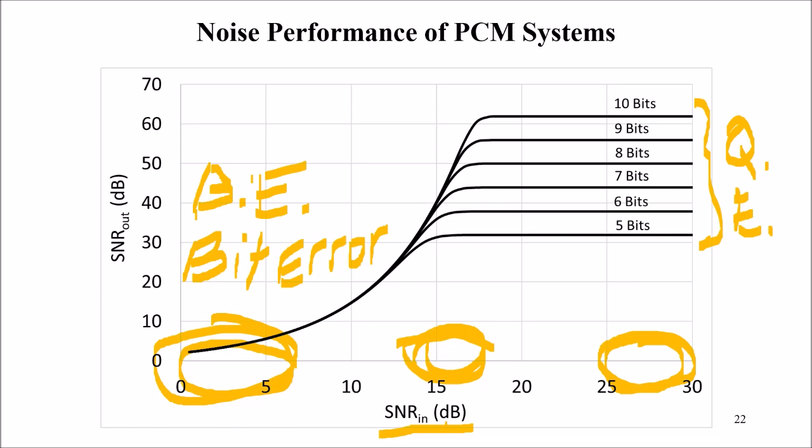And depending upon the number of bits you choose to use in the quantizer, you will get a different quantization noise output in decibels, or signal to noise ratio in decibels. And these values match precisely the values we found when we analyzed the quantization systems earlier in the semester.